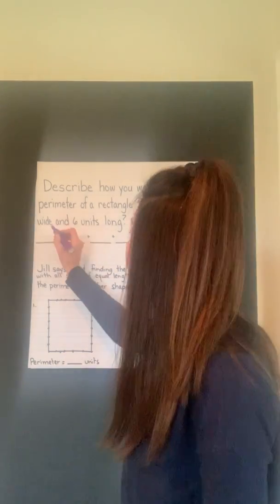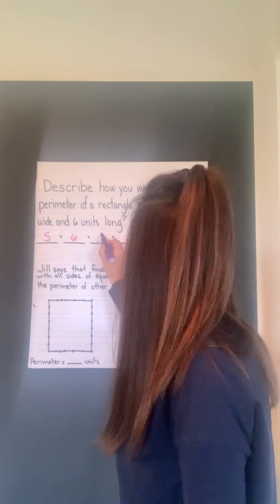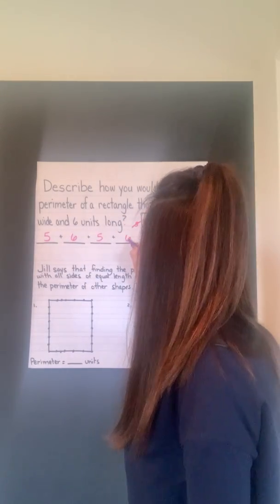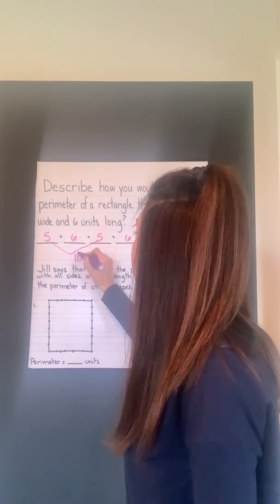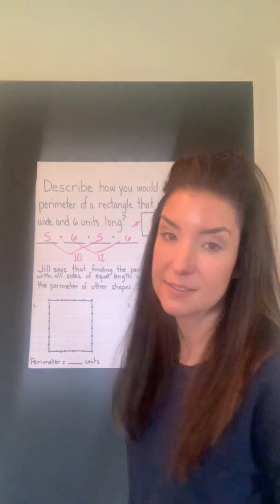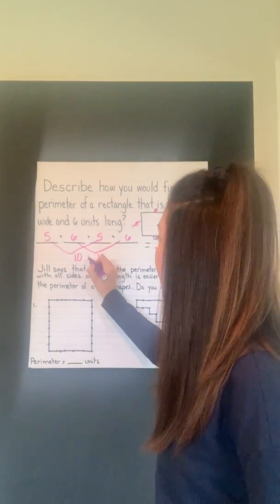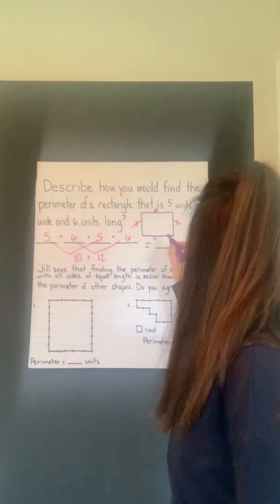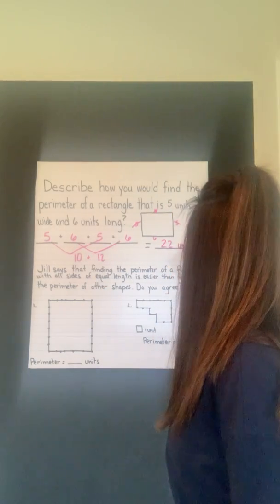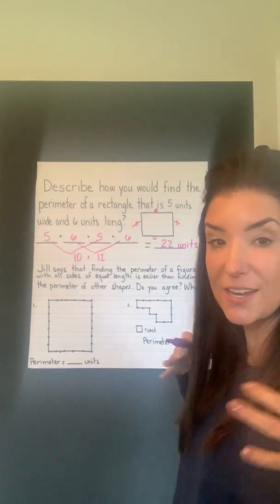That's right, friends. 5 plus 6 plus 5 plus 6. 5 doubled is, you're right, 10. And 6 doubled is 12. 10 plus 12 is 22.